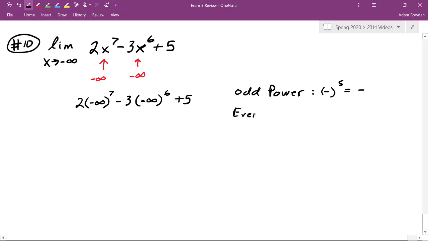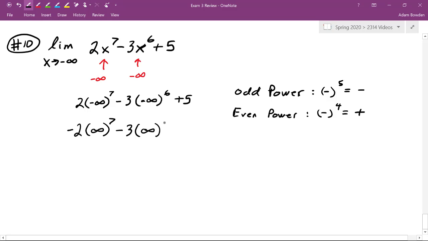However, in the case of an even power, we'll recall that if you have a negative number raised to a power like 4, it's going to change into a positive number. So this would be negative 2 times a really big number raised to the 7th, minus 3, and then another really big number.